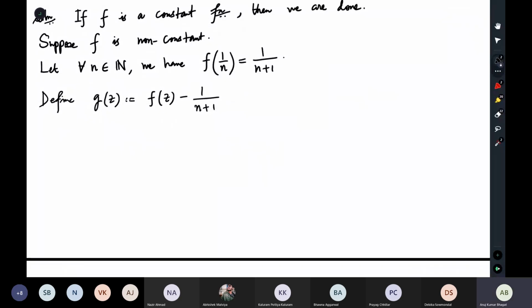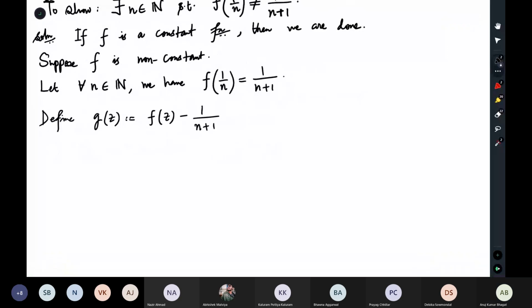Okay, there is a problem. I cannot define the function in this manner for a fixed n. I have made some mistake, I guess.